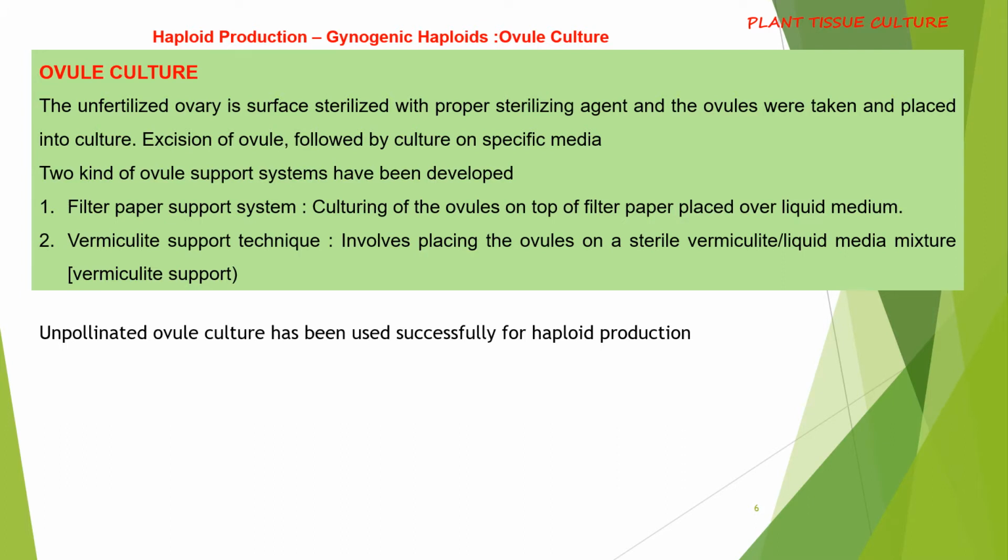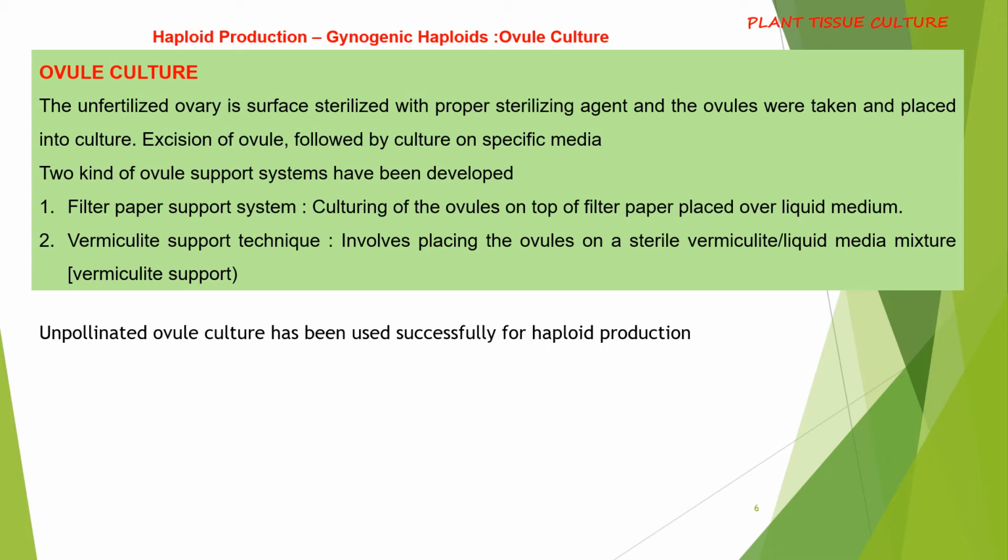In ovule culture, two types of support systems are utilized to support the ovules on the culture media. Firstly, the filter paper support system, wherein the ovules are placed on top of a filter paper placed on the liquid media.